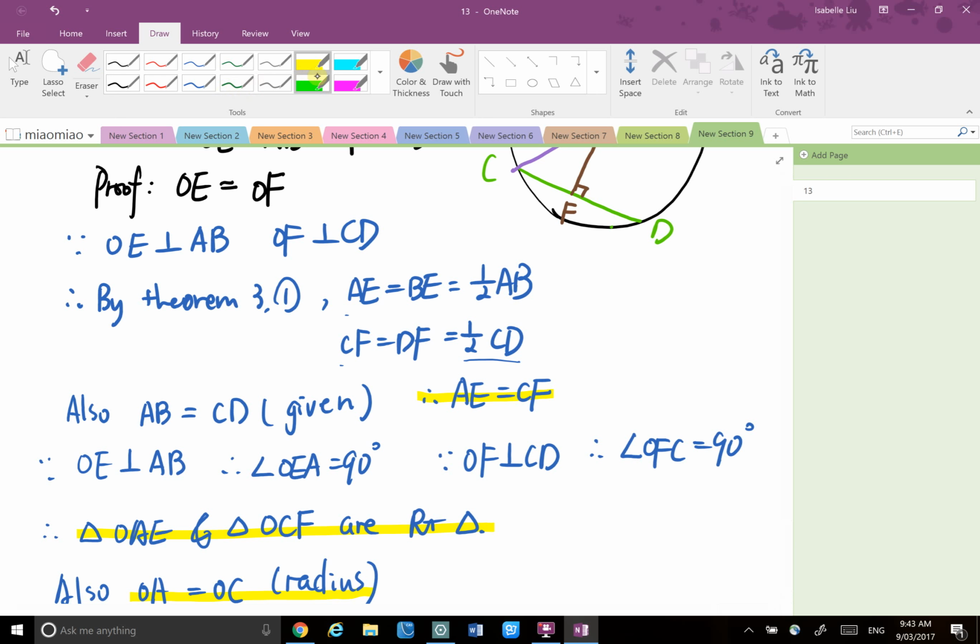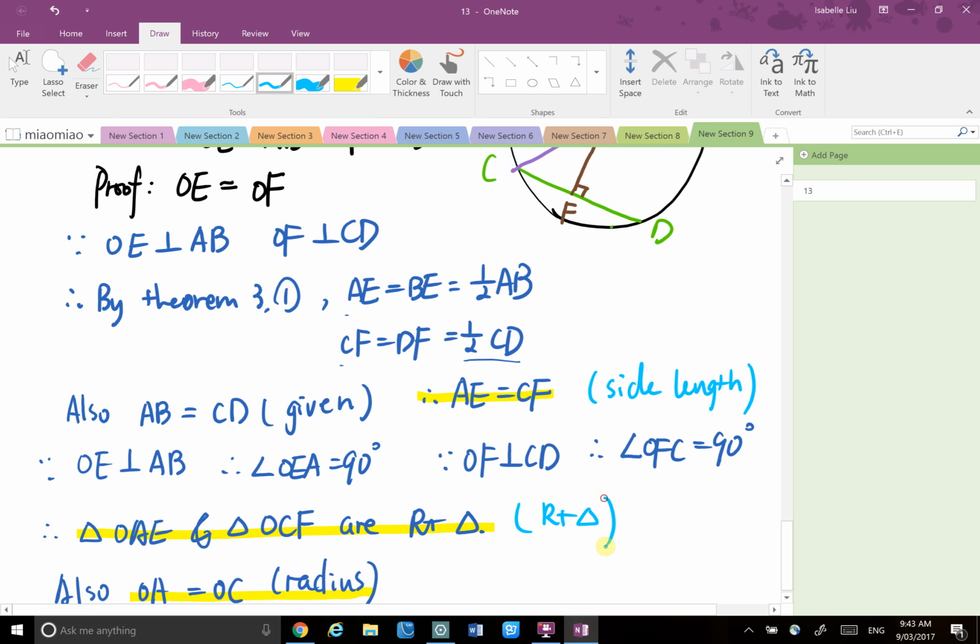So the thing you know here is a side length, and that is a right angle triangle, and here what you know is a hypotenuse.